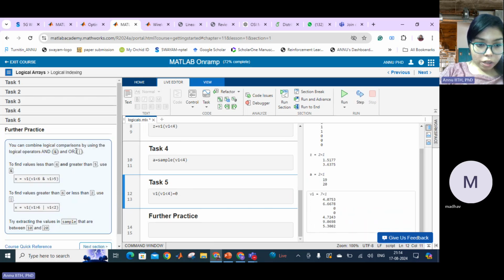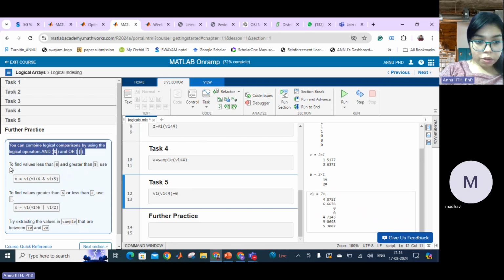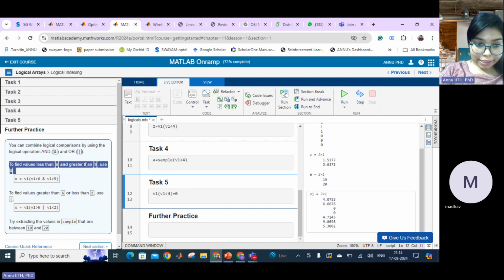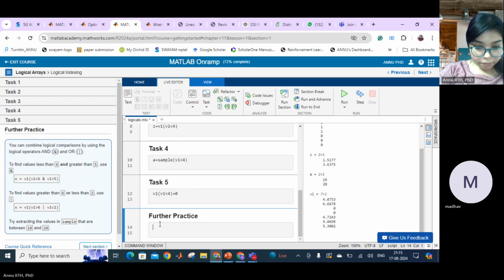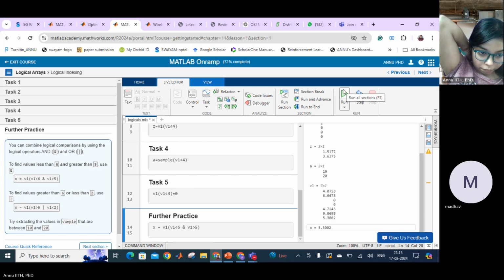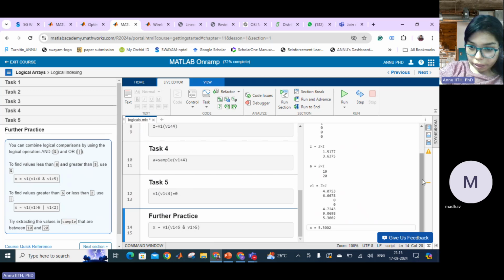You can combine the logical comparisons by using logical operators like and to find the values less than 6. We can have and. So let's see this. Okay, all the values where this is like this.